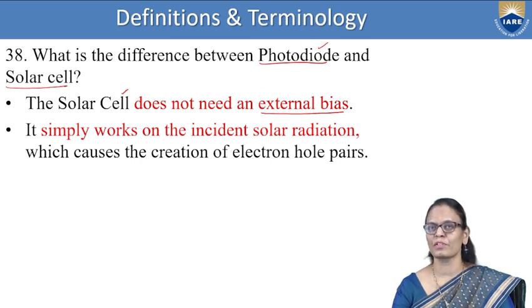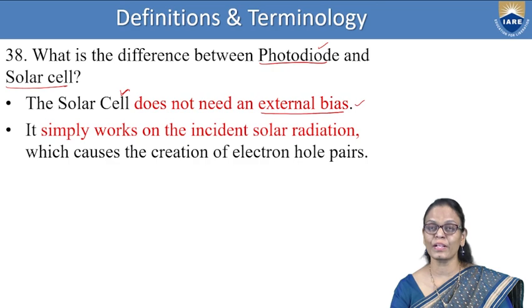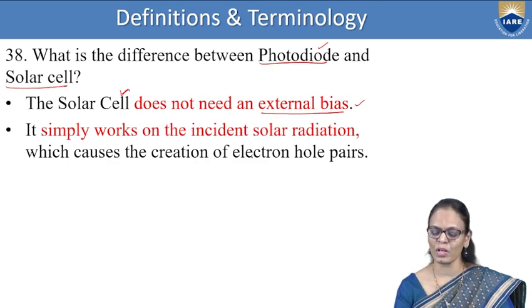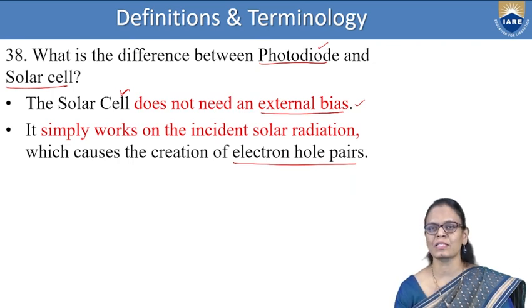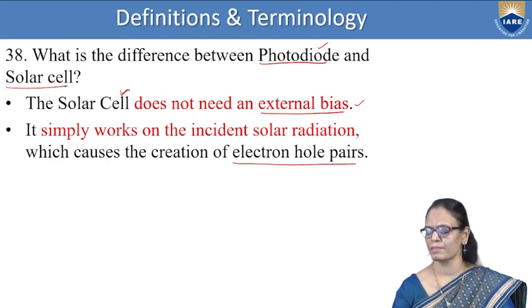We do the forward bias in case of photodiode, means the p-type connected to the positive and n-type connected to the negative. But in case of a solar cell, we don't need any external bias. When the solar radiation falls on the cell, the electron-hole pairs are generated. When they are generated, there is recombination, so energy is emitted.